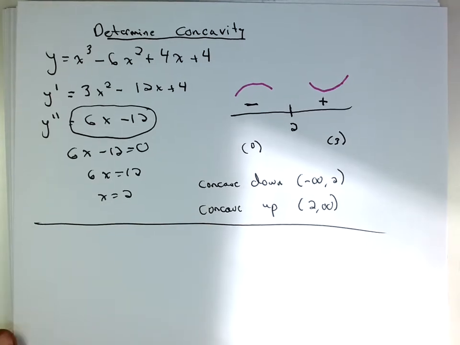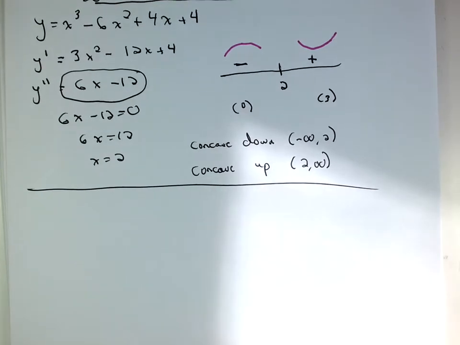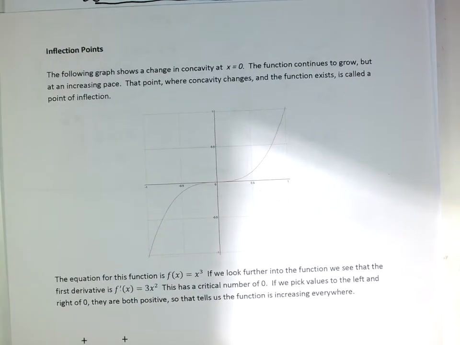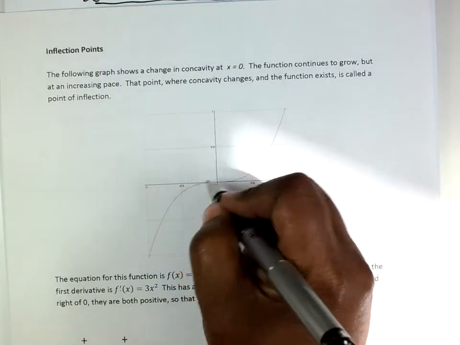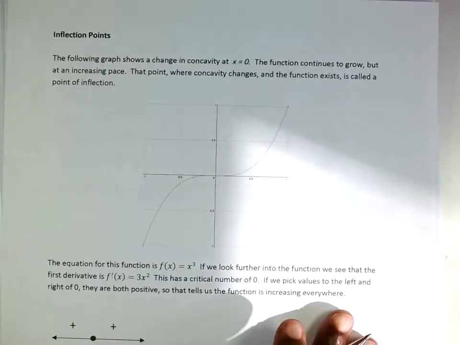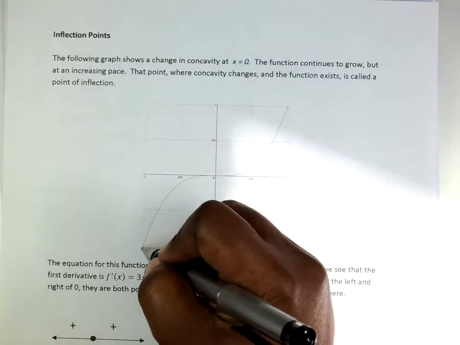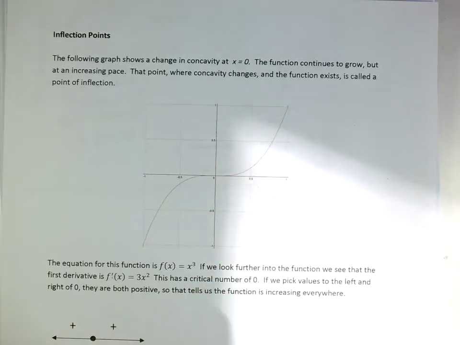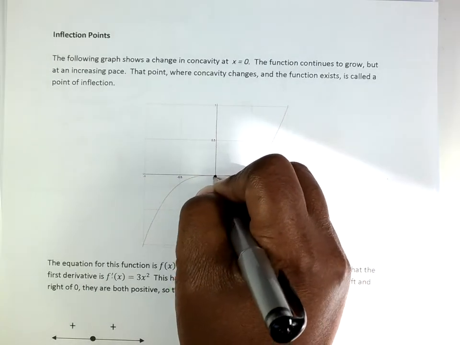Alright, so our next thing that we're looking at are inflection points, which goes along with concavity. So I'm going to go back to the handout that I have typed up for you. And we have this function here, f of x is x cubed. So you see my function is increasing and it continues to increase, right? So it increases everywhere, but it does change concavity.